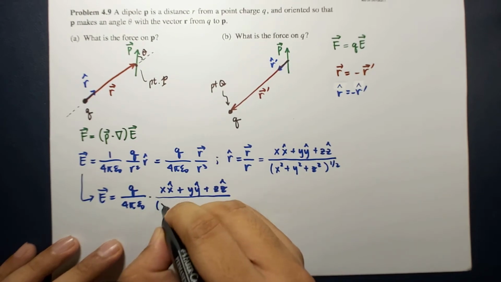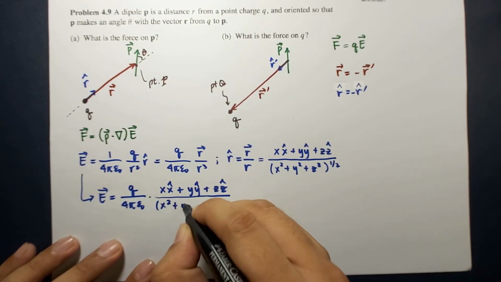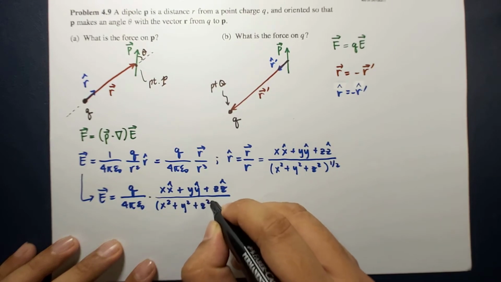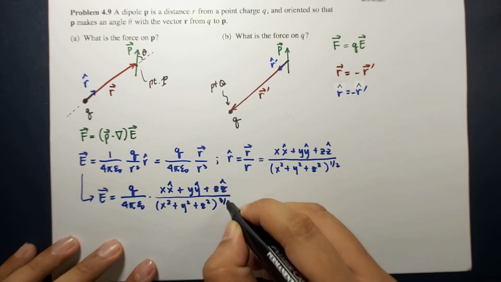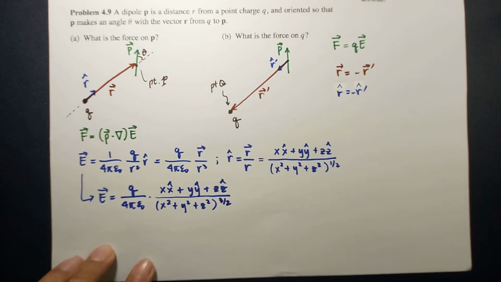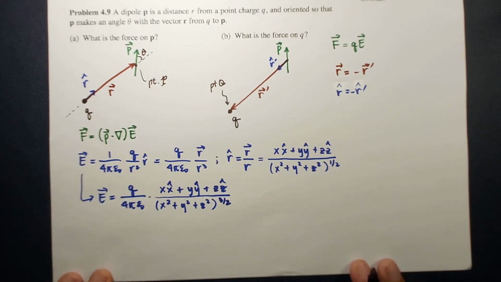So this is x squared plus y squared plus z squared to the 3/2.